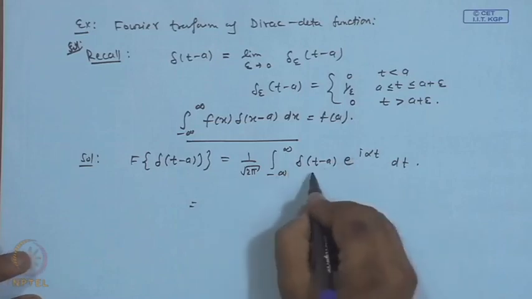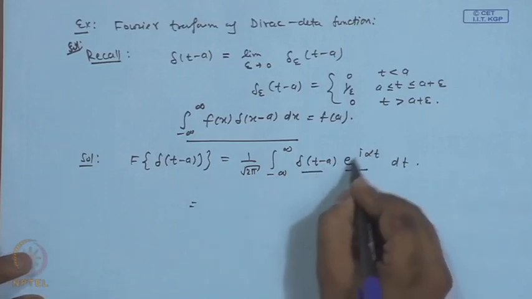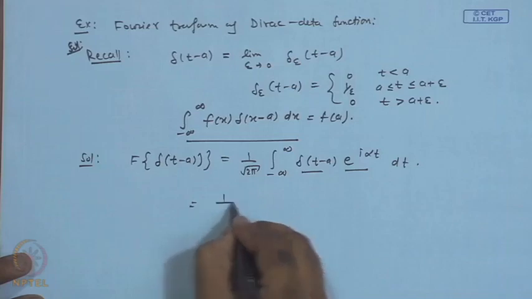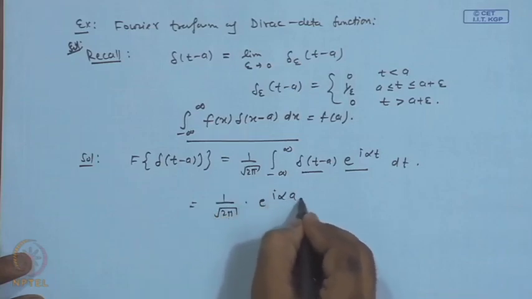So this will give us the function value, so that's e power i alpha a, so 1 over square root 2 pi and e power i alpha a.